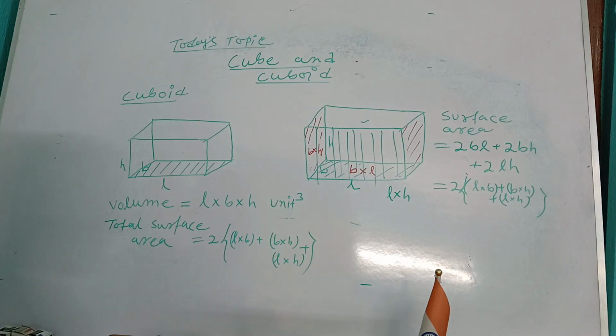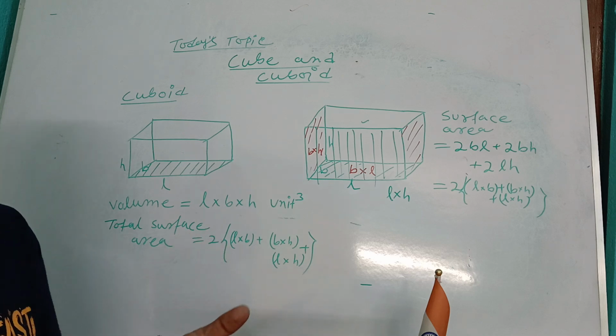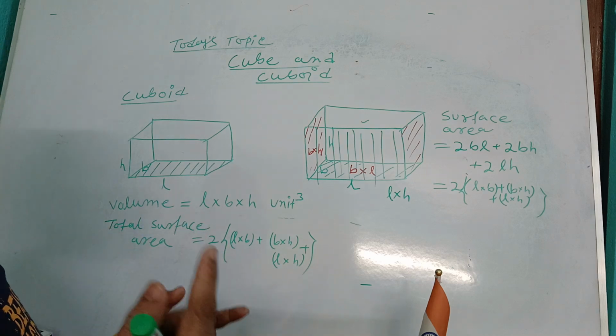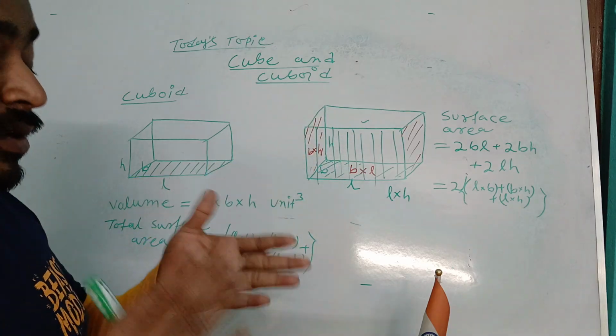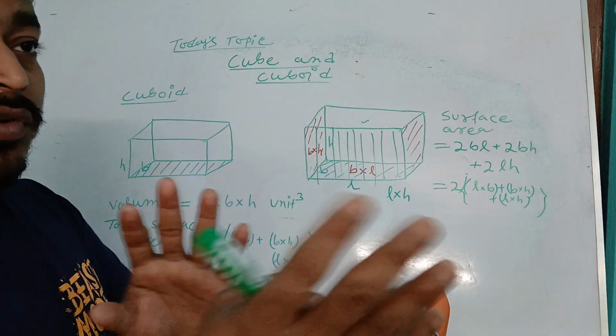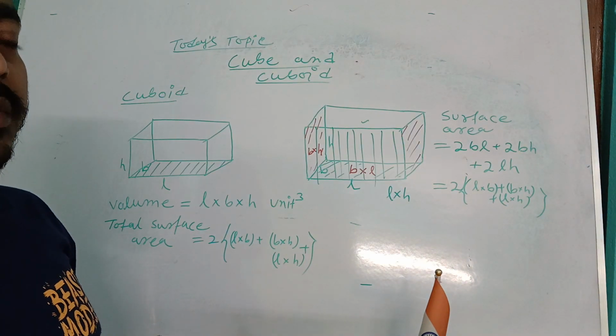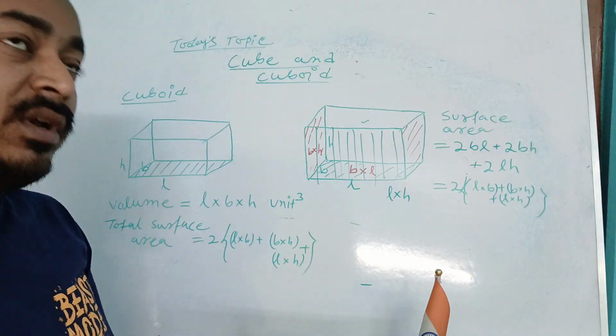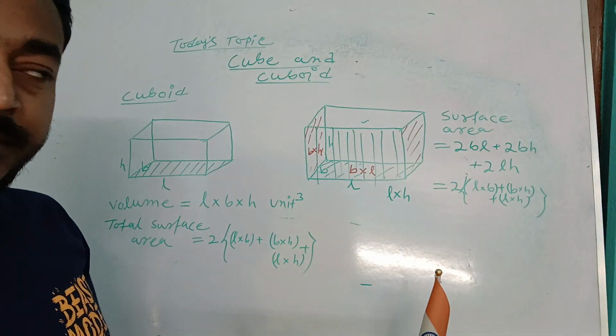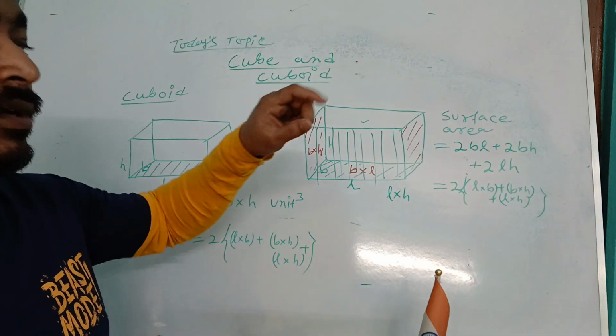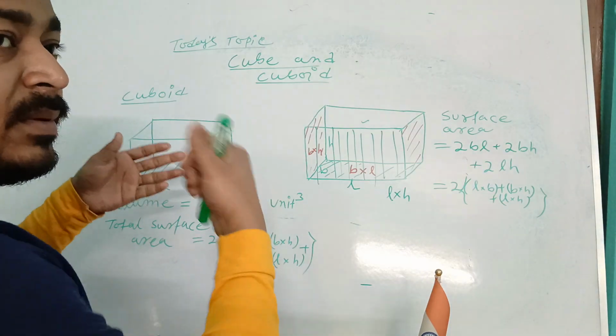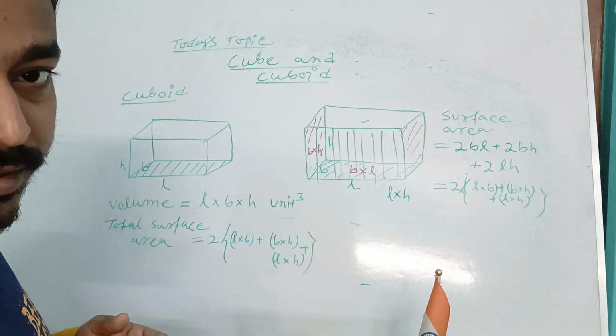So for example, you are sitting inside the room and see around you. They are asking, what is the area of 4 walls? 4 walls means, just neglect the floor and the roof. The 4 walls are the one in front of me, behind, my left side, my right side.